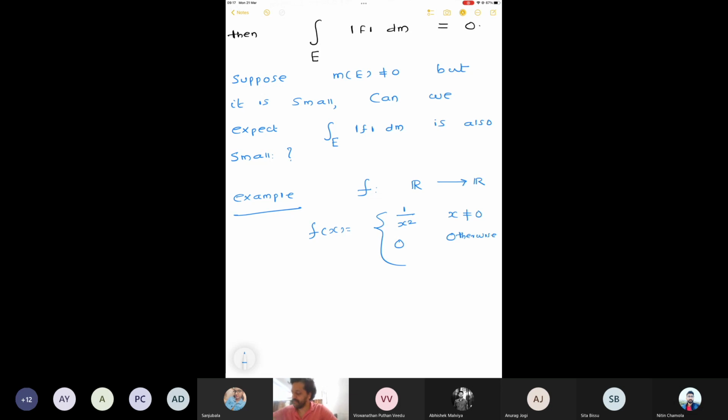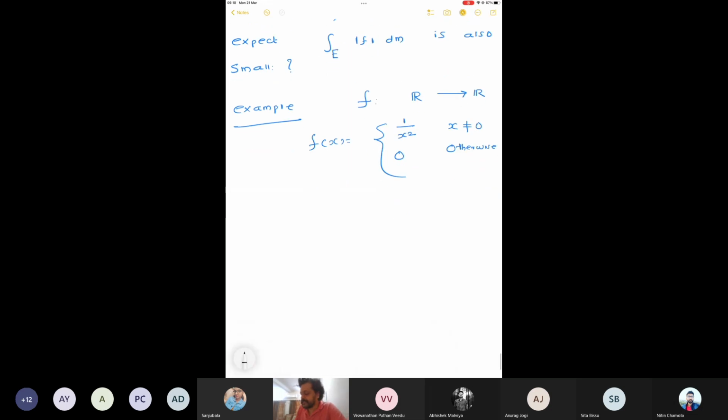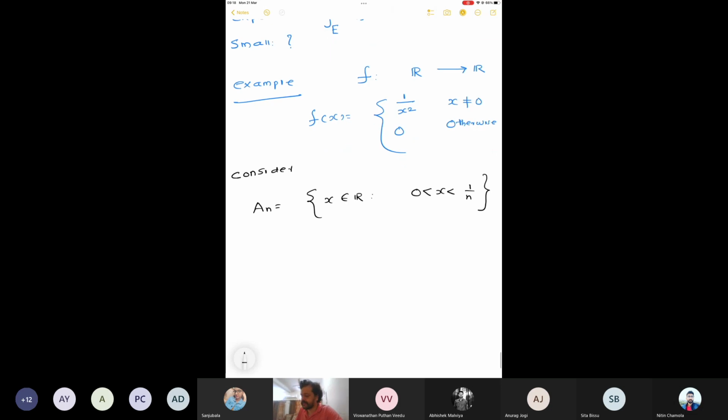Now let me see what happens to the integral when the measure of a set is small. First I have to construct a set of small measure. Consider A_n, the collection of all x in R such that 0 less than x less than 1 by n. In fact, it is an interval, the interval 0, 1 by n.